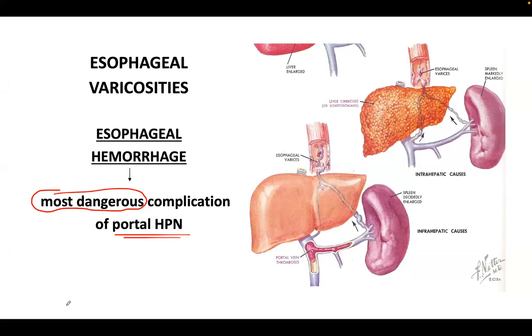Now, can anyone tell me what are the two blood vessels that form the portal vein? Letter S, the two. We have the splenic vein and we have the superior mesenteric vein.